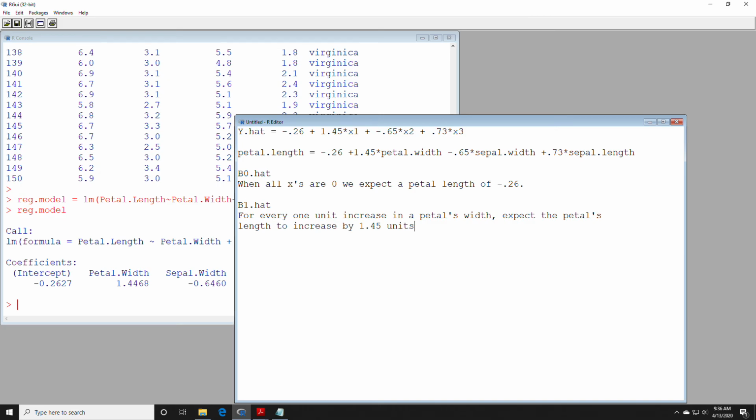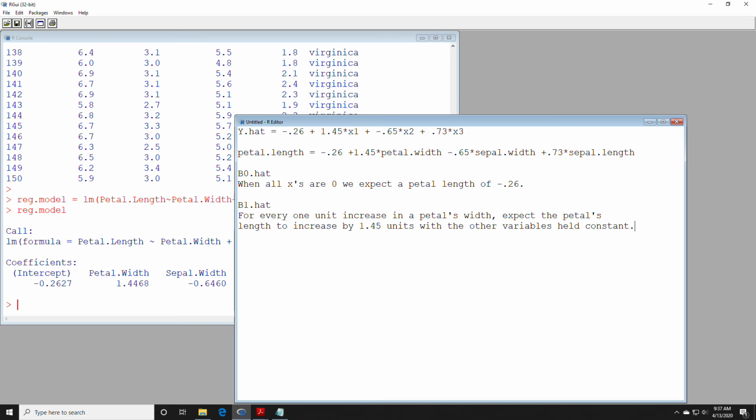Again, we don't really have units for this data set, just whatever the length variable is, could be centimeters, etc. So for every 1 unit increase in a petal's width, we expect the petal's length to increase by 1.45 units with the other variables held constant.